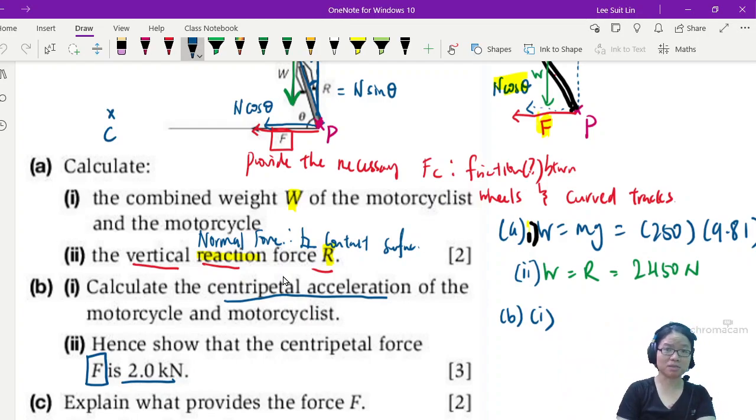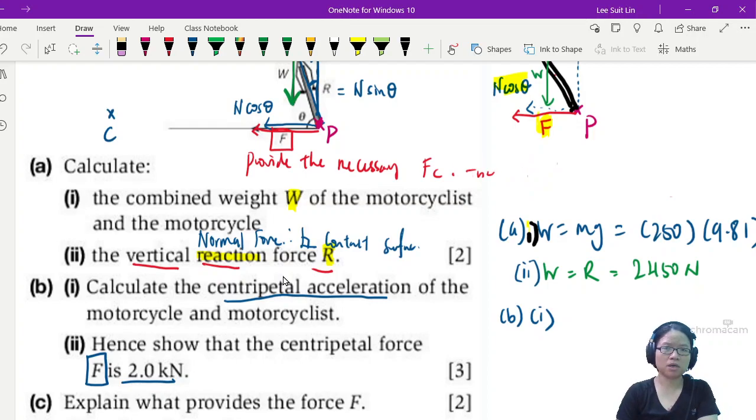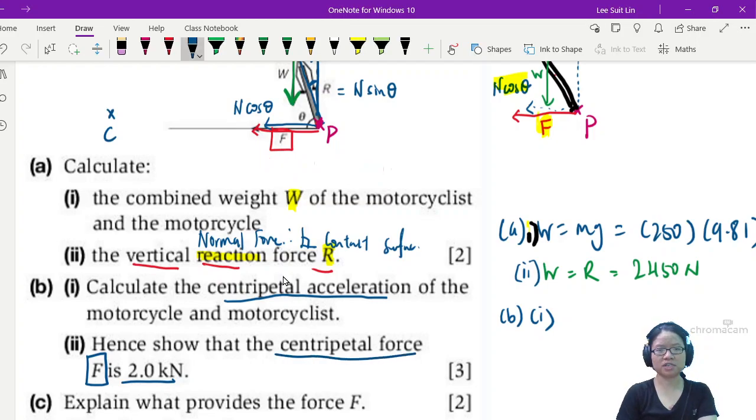You can see that my assumption here is not correct. So we go back and correct our mistakes now. Is there friction between the wheel and the curved track? I guess I need to do some maths to figure it out. But this F is not the friction that provides the necessary centripetal force. It says here that the centripetal force is F. So this F is the centripetal force.